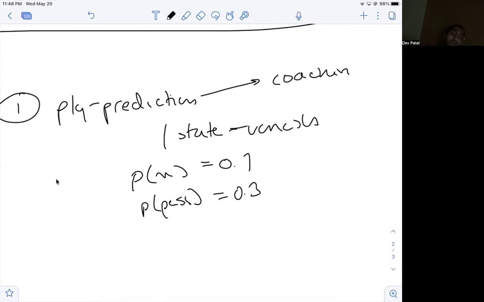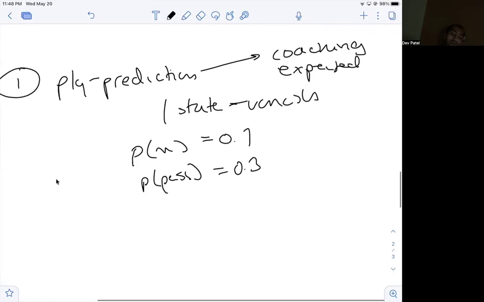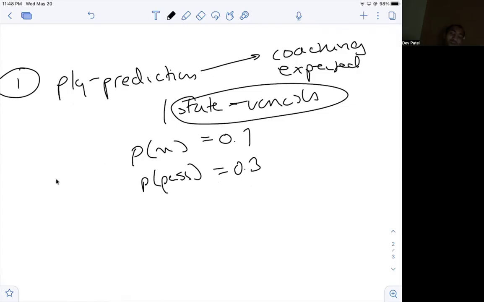So this is trying to model the coaching behavior. What is the coach expected to do based upon the game situation? And we can also include the prior plays as well. So it could also be a temporal sequence, right?